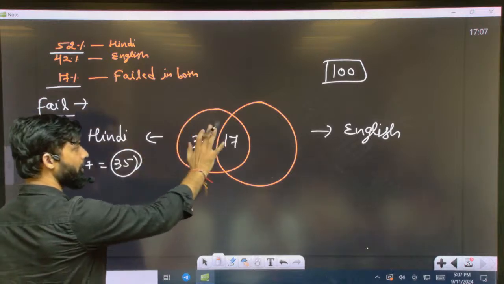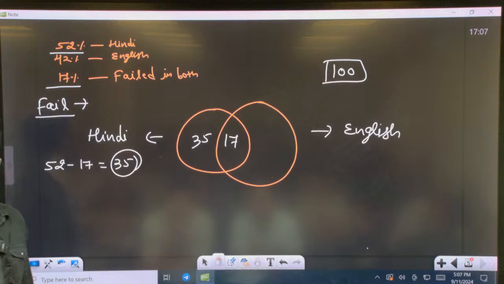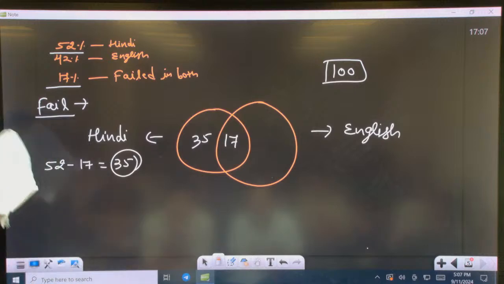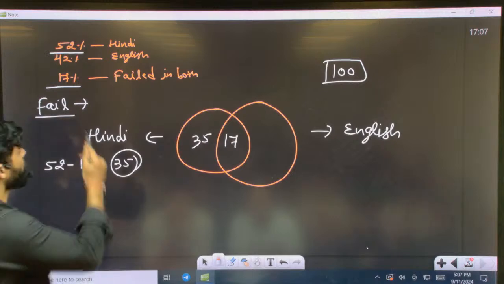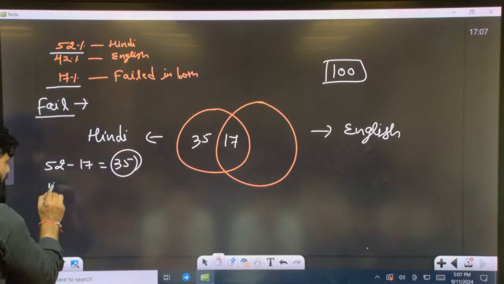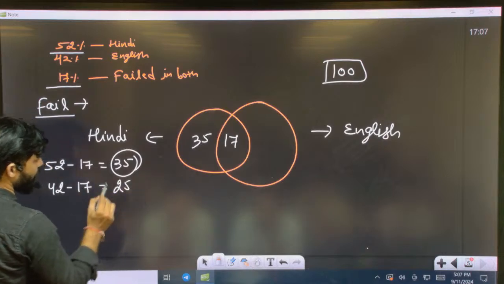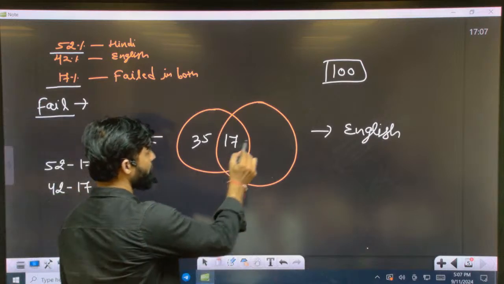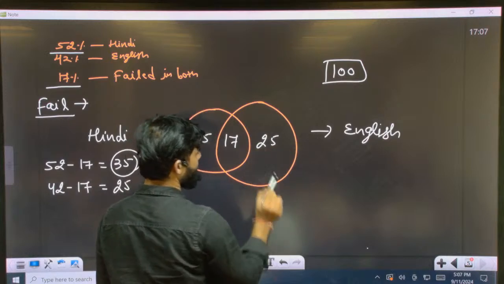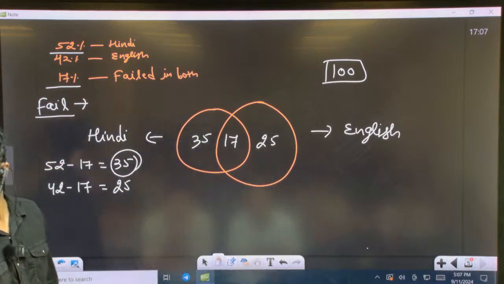Let's take English now. Already in English there are 17 sitting. And we need 42. So minus that 17 from 42, it will give us 25. So 25 was remaining. Write 25 here. Any problem? Okay.